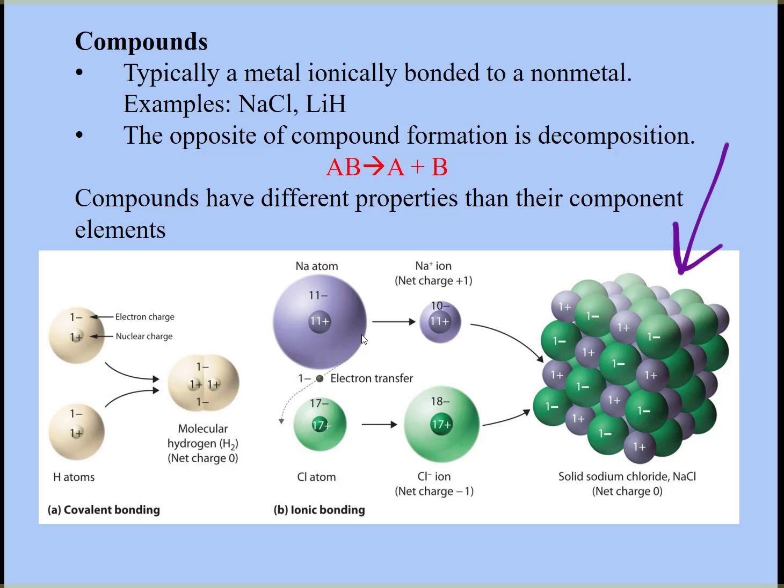This creates a difference in charge, and just like a magnet, plus and minus, they will stick together. Now, as far as compounds go, if I were to take this crystal and crush it, I would never separate a plus from a minus. They would stay together as it's their own little unit. So this is a pure substance. It's just composed of 2 elements repeated over and over and over in the crystal.